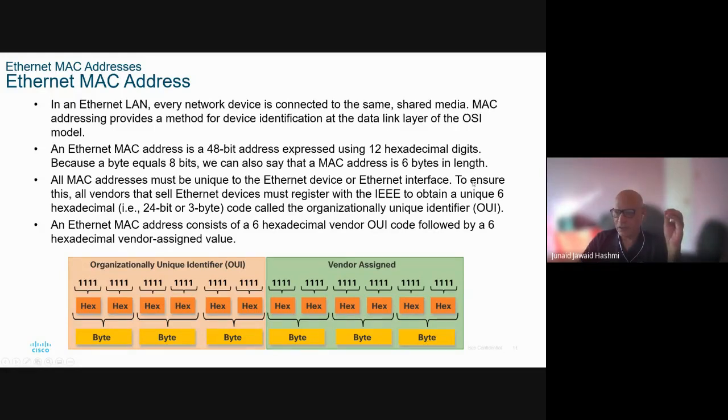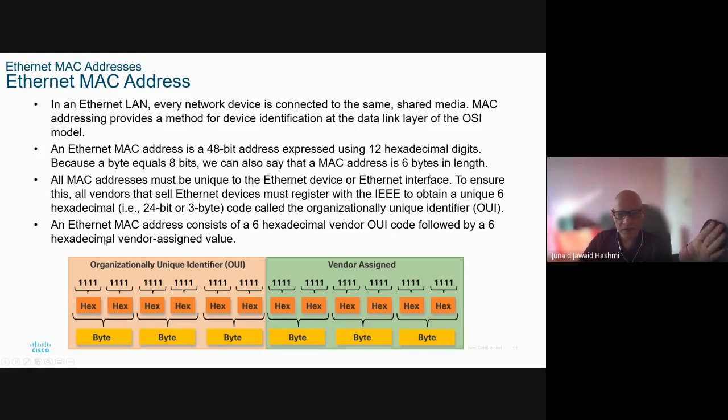One thing you need to know is that MAC addresses have to be unique on every network card. Imagine how many billions of network cards there are. The way the IEEE ensures that every single MAC address is unique in the world is by assigning a 6-hexadecimal-digit OUI, organizationally unique identifier.